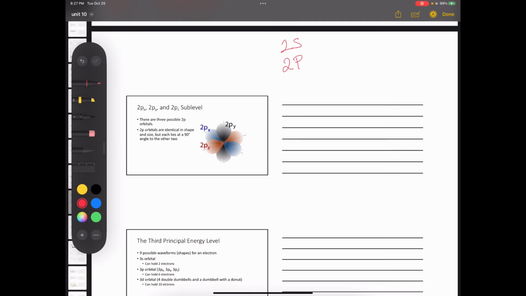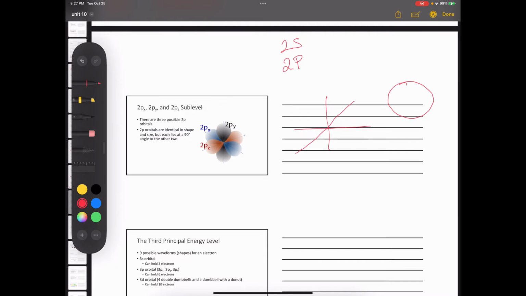The p orbital generally has a quite different shape than the s orbital. When we looked at the s orbital, we said it has a spherical shape, or a circle if you want to draw it in a one-dimensional sketch. The p orbital, on the other hand, almost looks like dumbbells lined up against each other at a 90-degree angle.